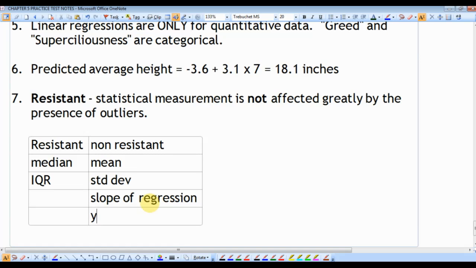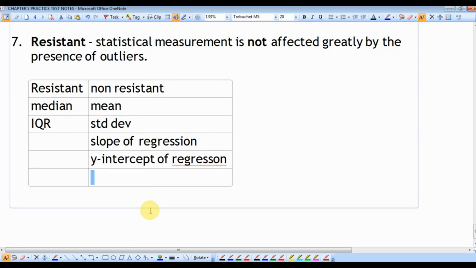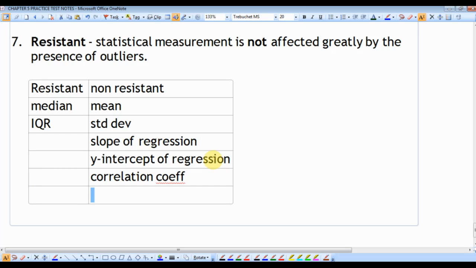What else? Y-intercept. That will change. Non-resistant means it's going to get affected. Resistant means it's not affected. The R, correlation coefficient, is not resistant. What else? The coefficient of determination.